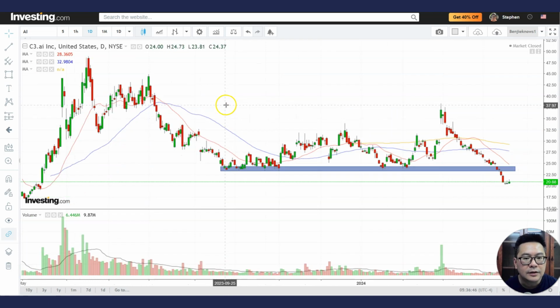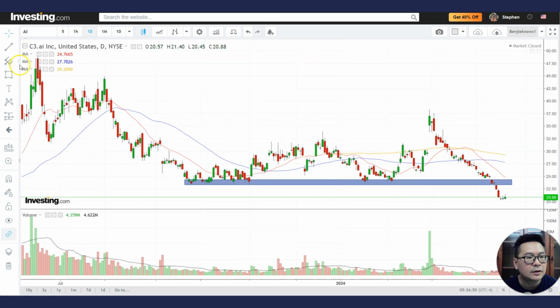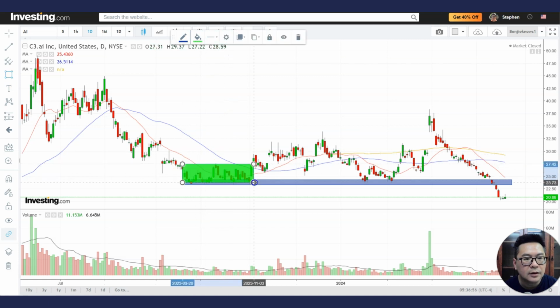Now the stock has been moving sideways up and down, but now and then it breaks above the area to make it tradable. Like here it corrected from a base and then broke out of this consolidation and went up quite a bit.